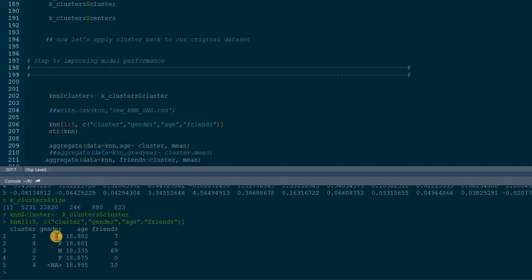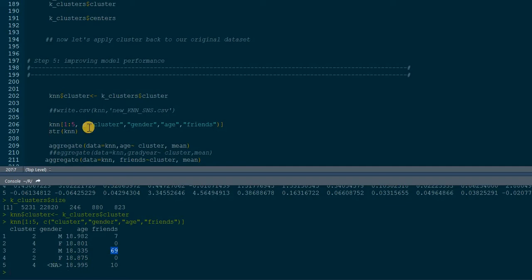The second cluster has male, average age about 19, with about 7 friends. This teen is quite famous, with 69 friends, probably social media links.